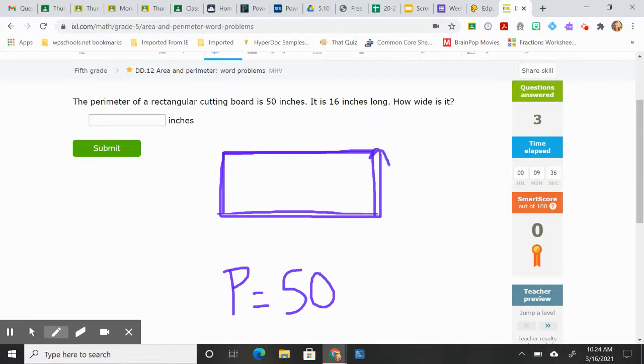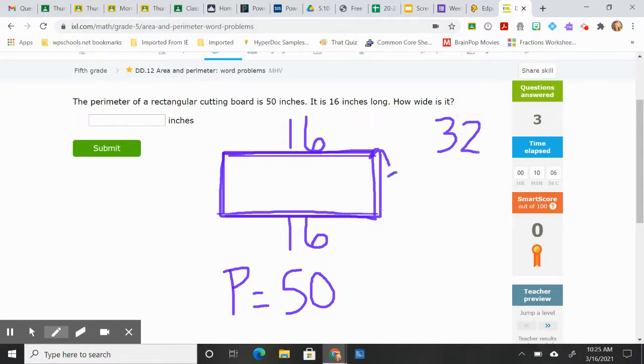And I know that it's 16 inches long, which means the other side of that rectangular cutting board also has to be what? If this side is 16, then this side is also 16. Okay. So now we know that two sides together add up to 32. So 16 and 16 is 32.